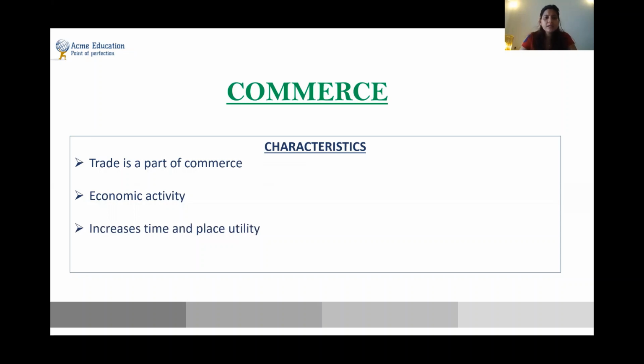Third, it increases the time and place utility, because commerce, all the auxiliaries to trading in the commerce basically helps the people to get the goods and services at a convenient time, at their convenient place. Commerce is basically quite a demand-oriented concept, because if people are demanding goods, then only the goods will be transported, then only the goods will be made and stored in the warehouse, then only people will be keeping their money in the banks. So it is quite a demand-oriented concept.